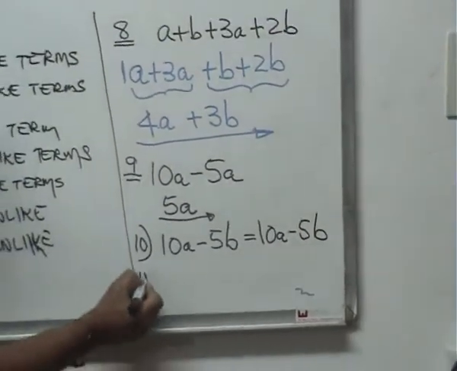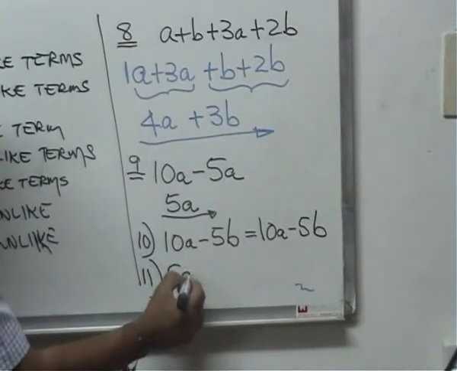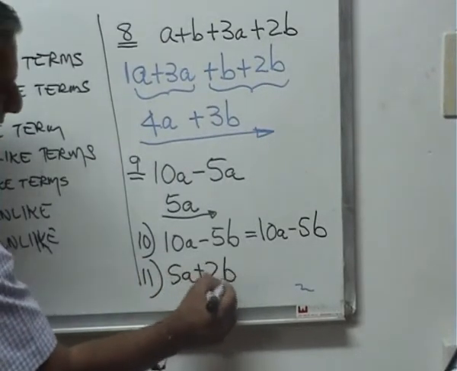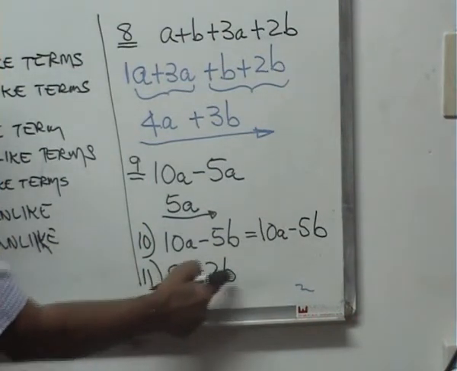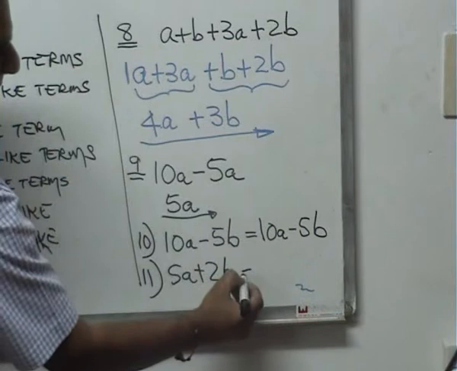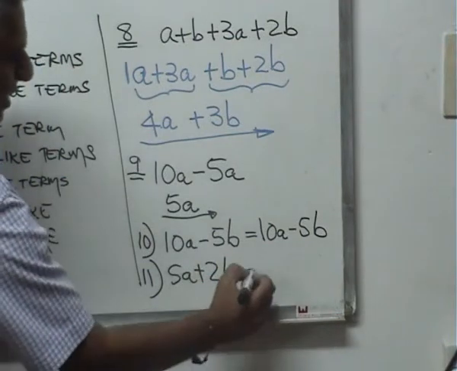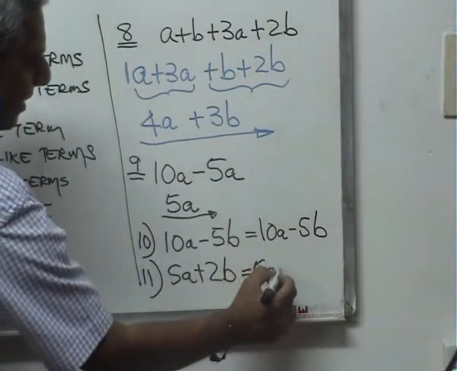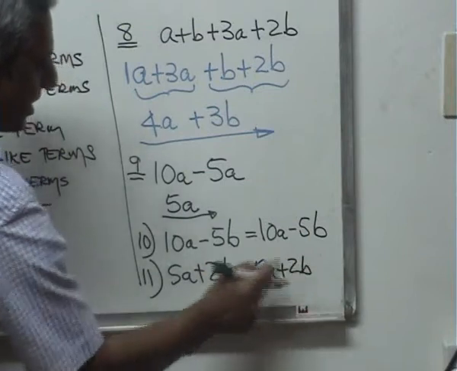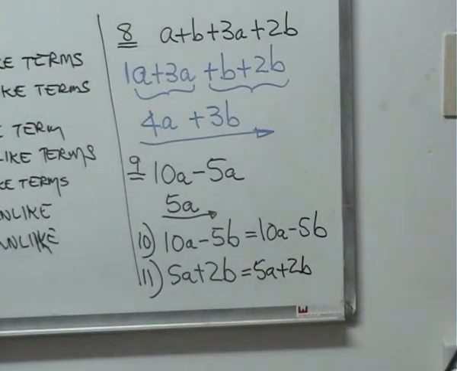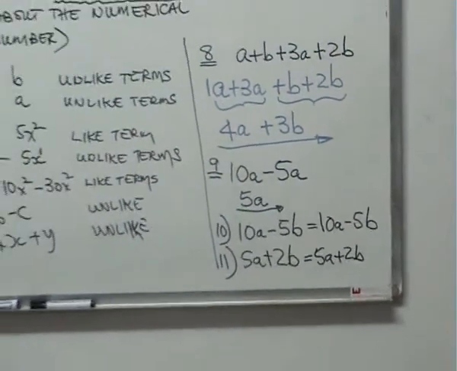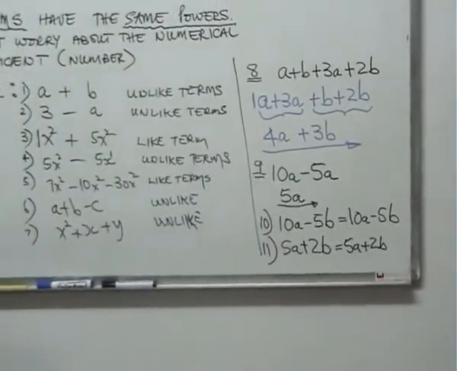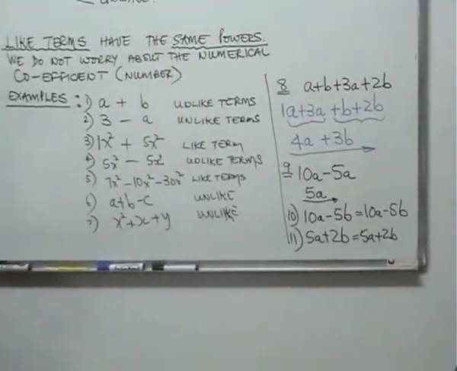And number 11, 5a plus 2b. These are unlike terms because this is a, that's b. The powers are different. I cannot add them up, so it remains the same. So I'm just going to write 5a plus 2b again. It remains the same. So that's why we were learning powers before, because powers is now helping us to differentiate between like and unlike terms.